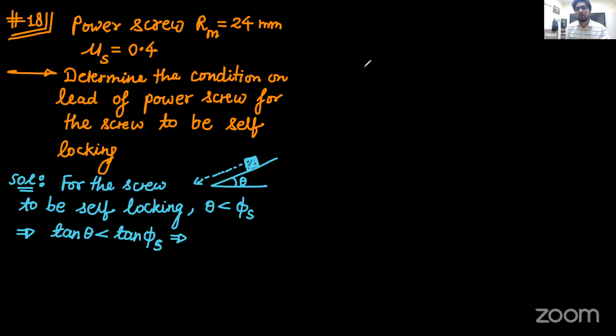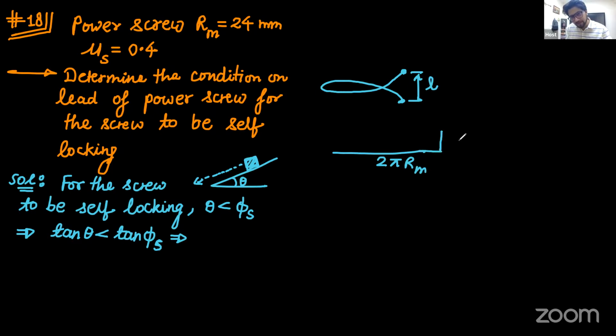Tan theta, just now I told you, if you remember, that when we are moving a horizontal distance of 2 pi rm, then corresponding vertical movement is L. Then what will be the corresponding value of helix angle or lead angle of a screw?